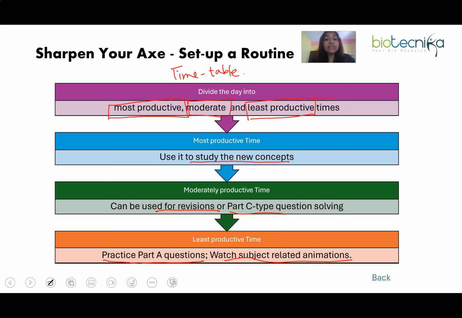When you are watching these animations, in the back of the mind you are not only understanding the process better, but at the same time you will be able to recall those things better as well, because when we study with visual and textual things, that gets registered deeper in our brain, and it stays in the brain for a longer time. Okay, so this is how you have to set up your timetable.